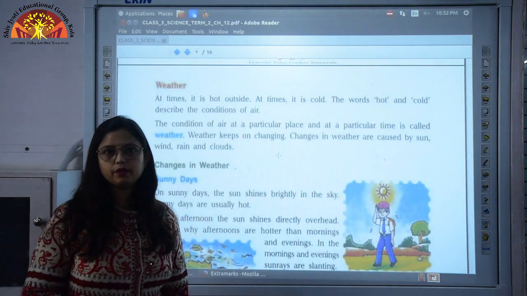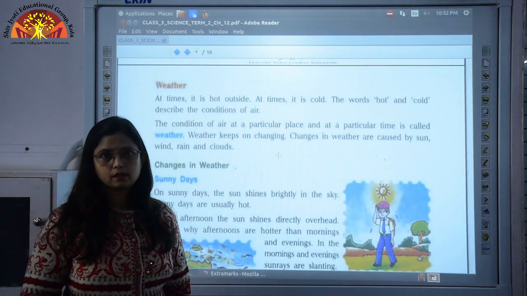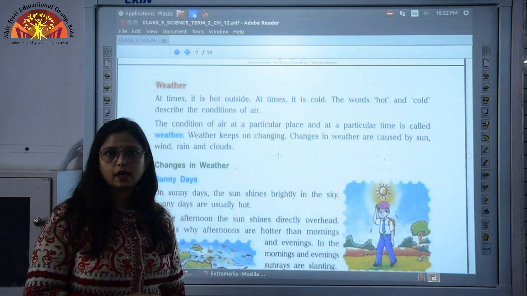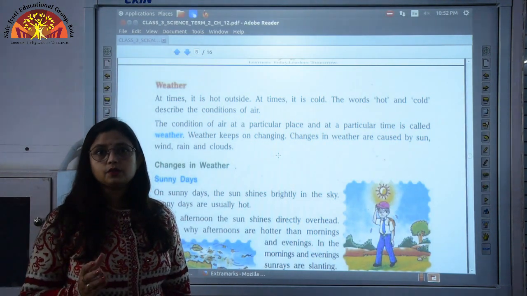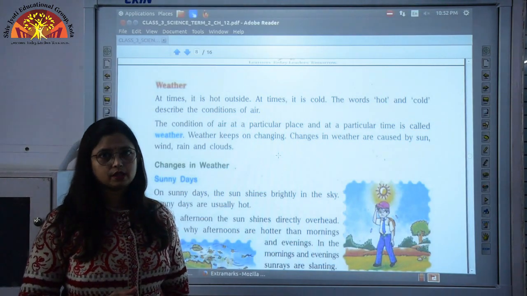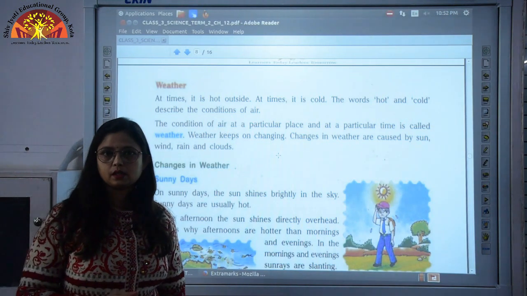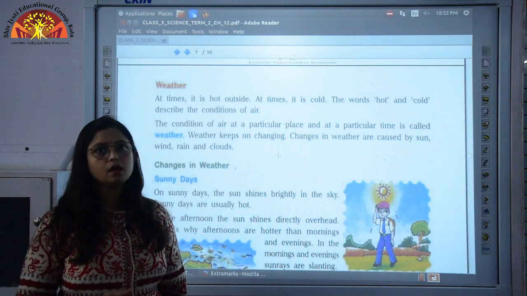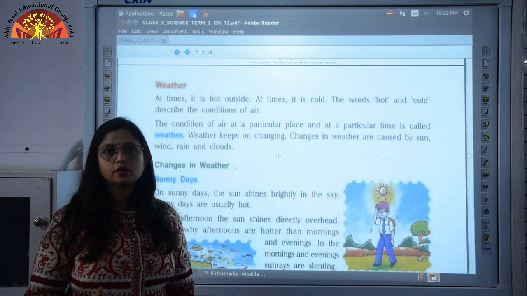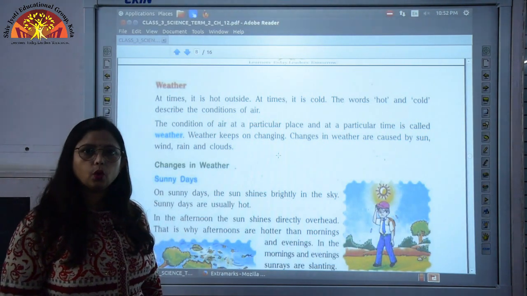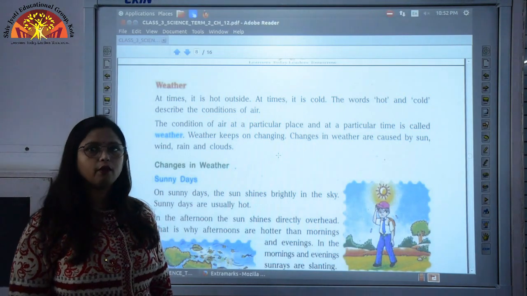Children, have you ever noticed what type of day it is? Is it cloudy or is it windy? If you go outside, have you ever seen the sun shining brightly in the sky or clouds in the sky? Sometimes it is hot and sometimes it is cold. So what is this hot and cold? Children, this hot and cold describes the condition of air.